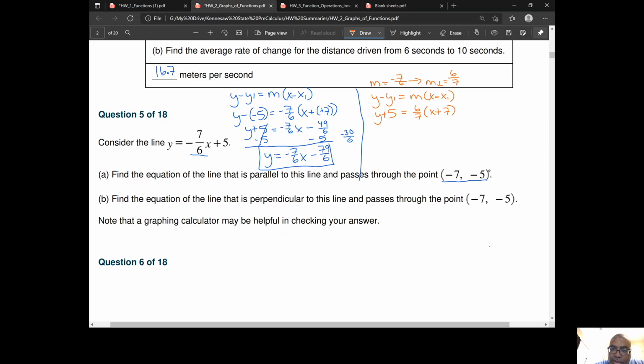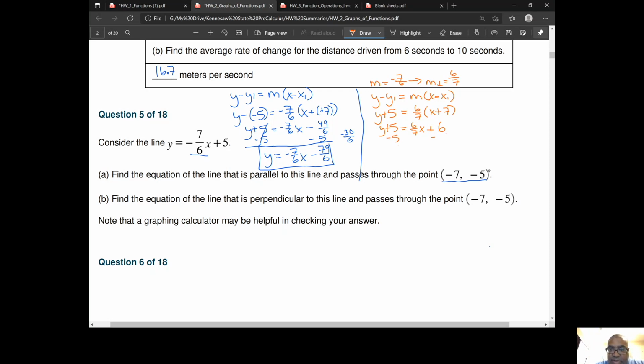All right, so a little multiplication. y plus 5 is equal to 6/7 x plus 7 times 6/7. 7 divided by 7 is 1, times 6 is 6. You can talk to me about multiplying and dividing fractions.